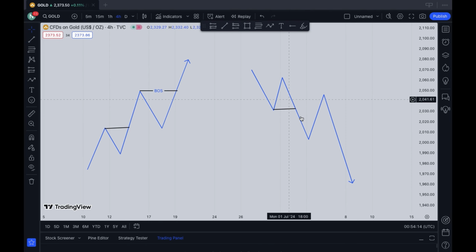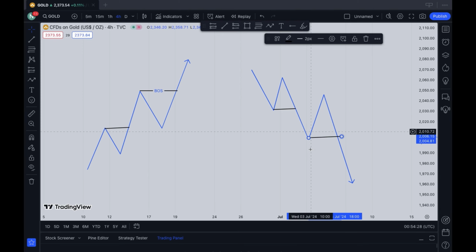You notice the difference between an uptrend and a downtrend. On this side, there is a break of structure to the downside. Just have this in mind: on an uptrend, there's a break of structure to the upside, and vice versa for a downtrend. On a downtrend, the market is breaking structure downwards. That is how we label it.